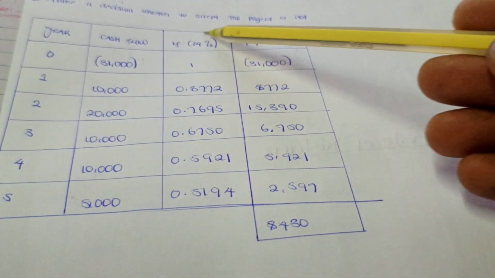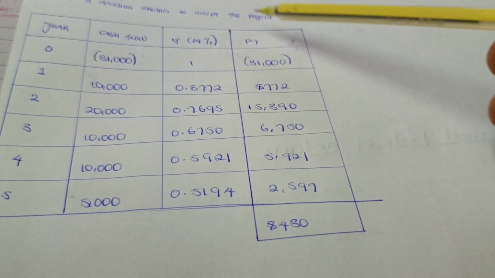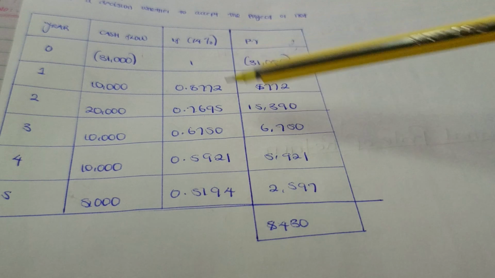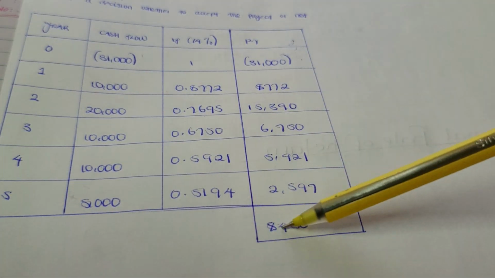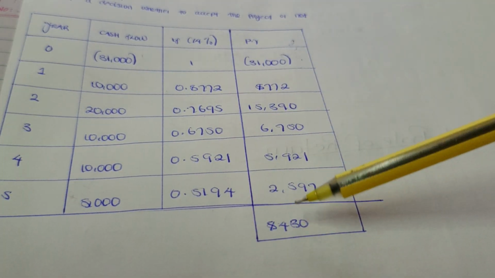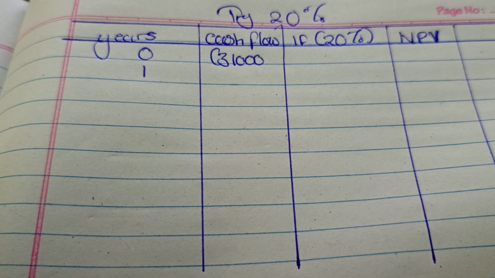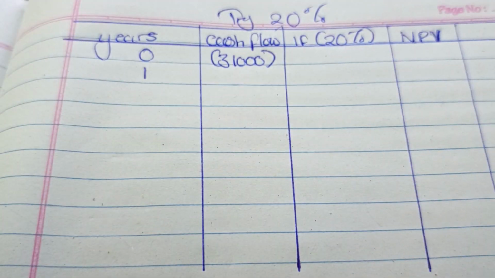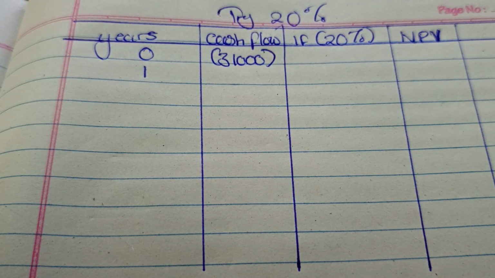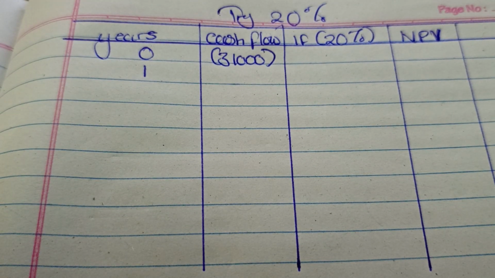Let us increase the 14% to 20%. We see if the net present value will change to a negative. So let us try to use 20%. So we'll try using 20% in calculating the net present value, where the method is still the same.